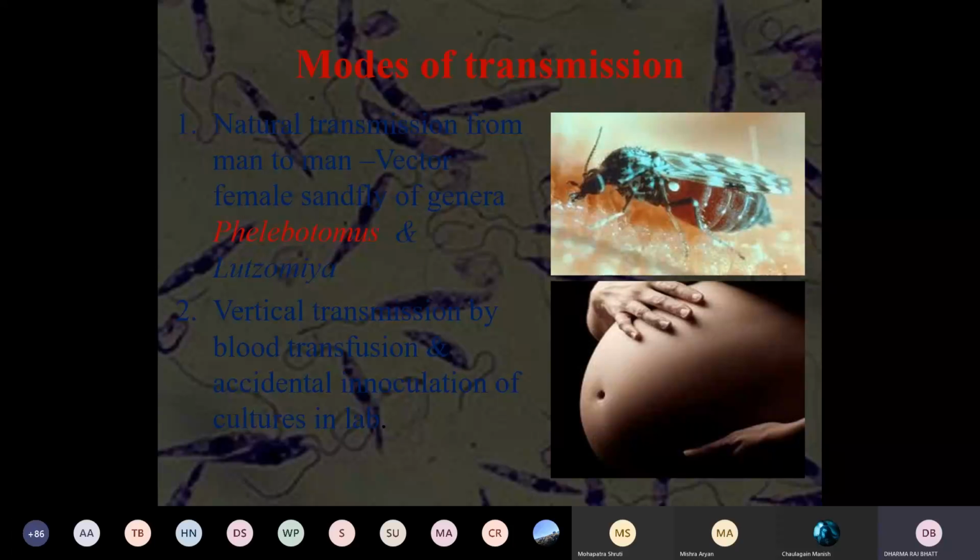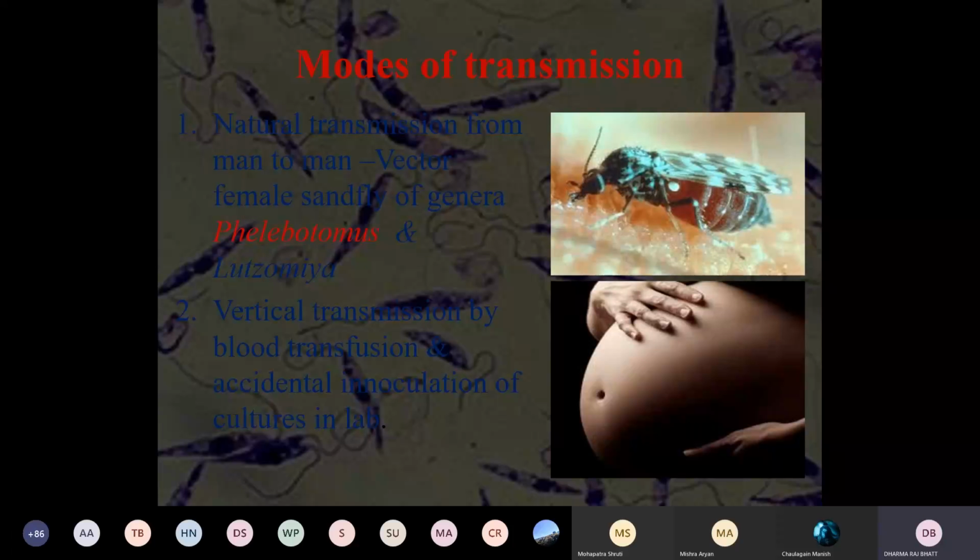Phlebotomus argentipes is the common vector responsible for transmission of Leishmania donovani from an infected host to a healthy individual during its blood meal.